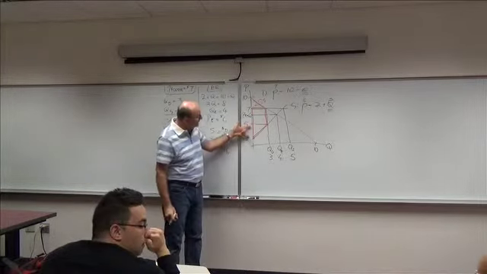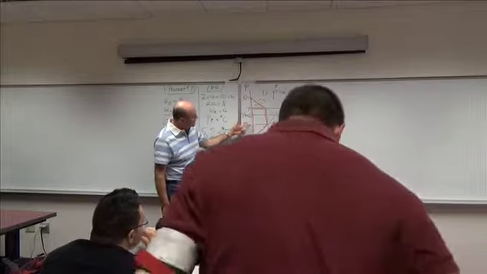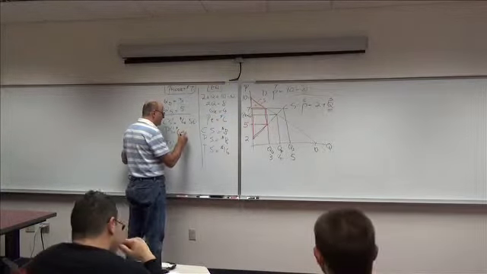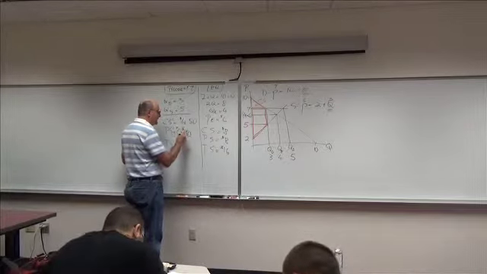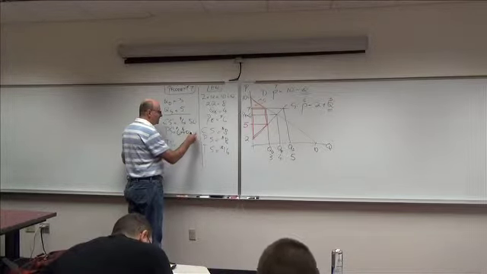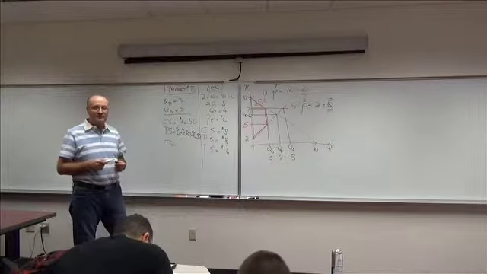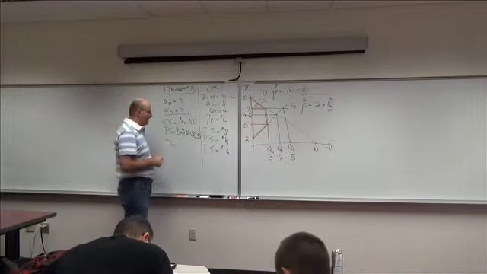How tall is the triangle? 3 times 3 divided by 2 is $4.50, which together is $10.50. That makes sense? Very good.